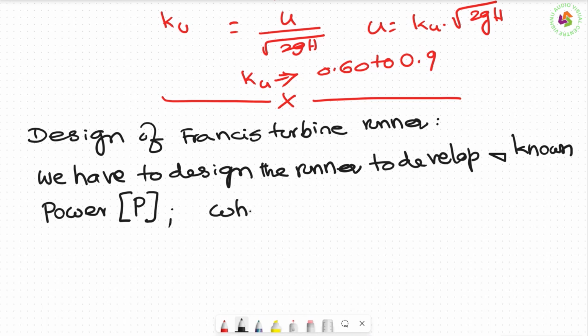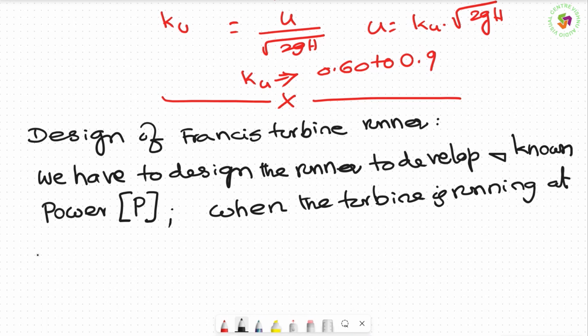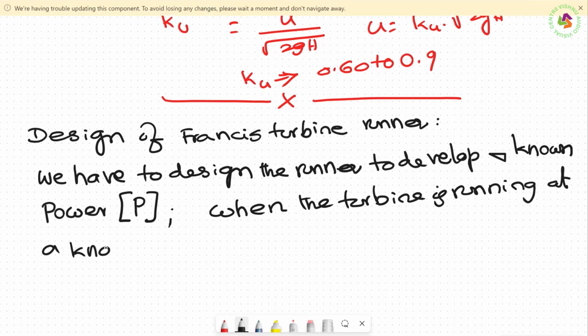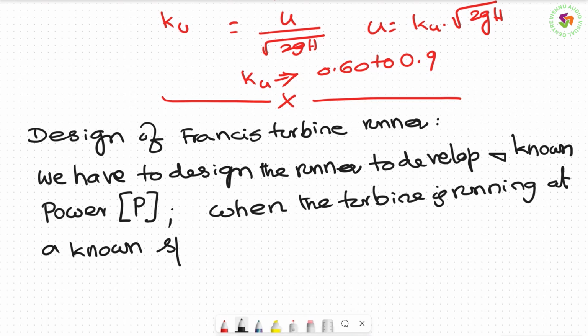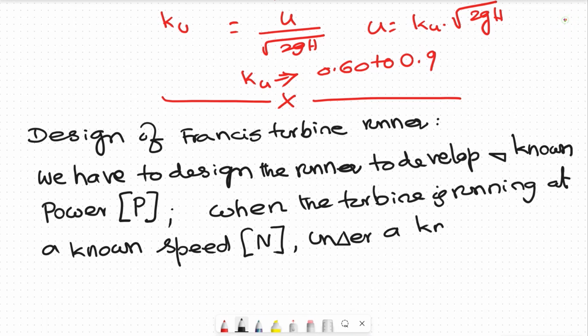The turbine is running at a known speed, that is the second, under a known head.